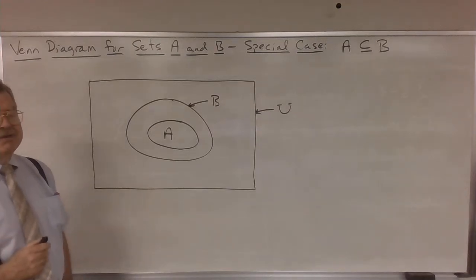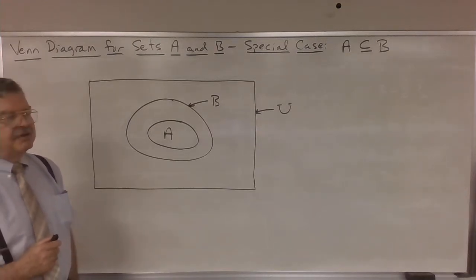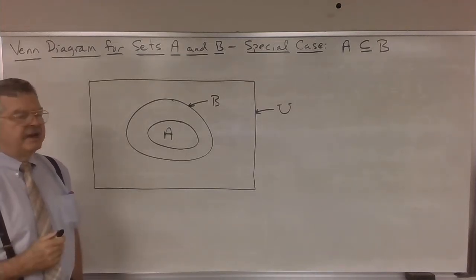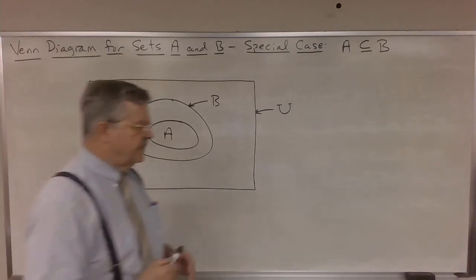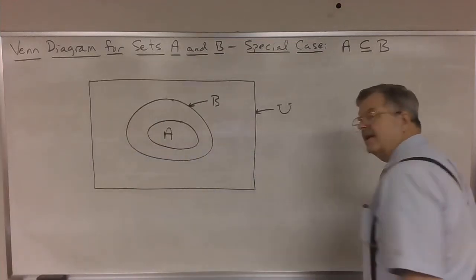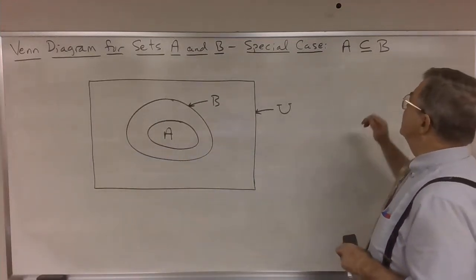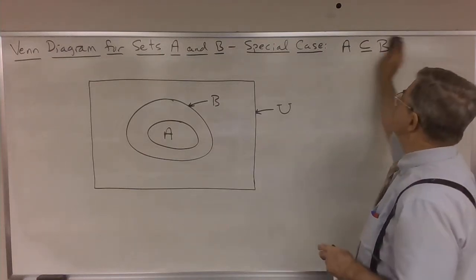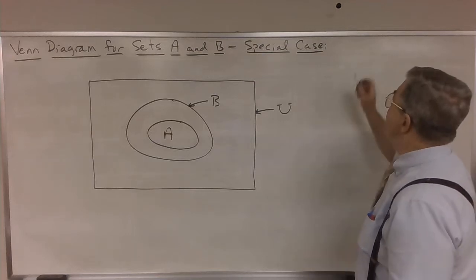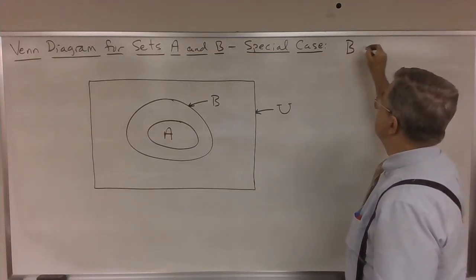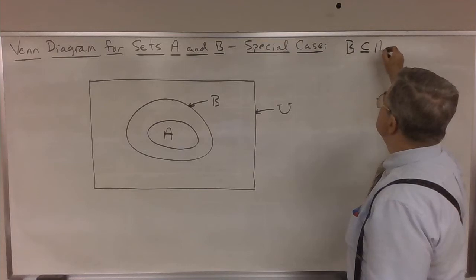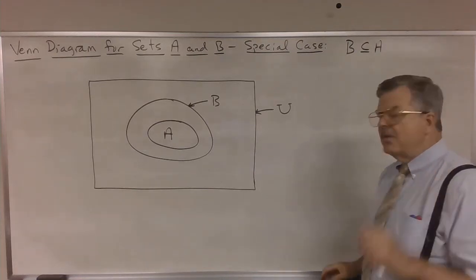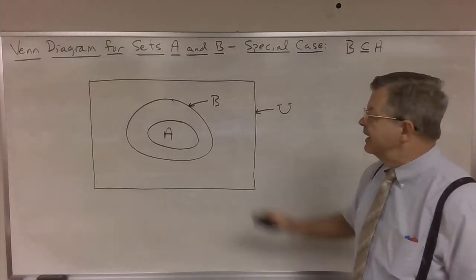Now, let me ask you this, just so that we understand these scenarios completely. Suppose that instead of A being a subset of B, it turned out that set B is a subset of A. How would we draw that Venn diagram?